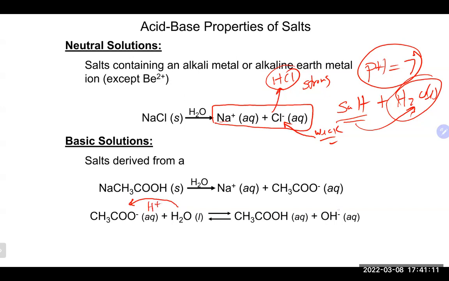The result of that is we're going to generate more free hydroxide in the solution. The result is we would expect that solution to be basic. So it will go through hydrolysis and it will produce hydroxide.